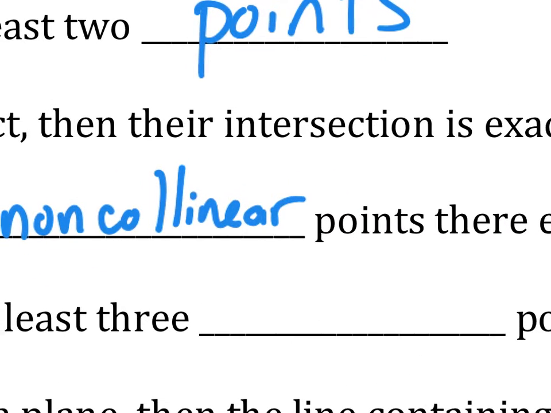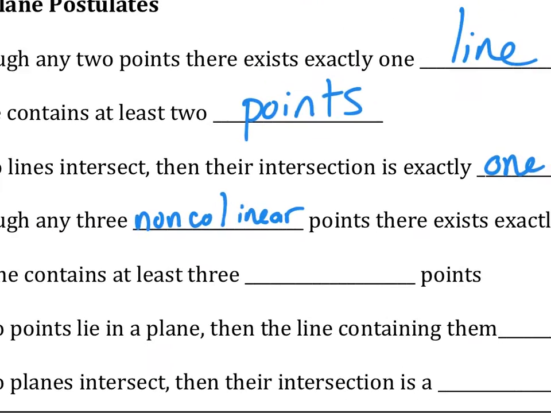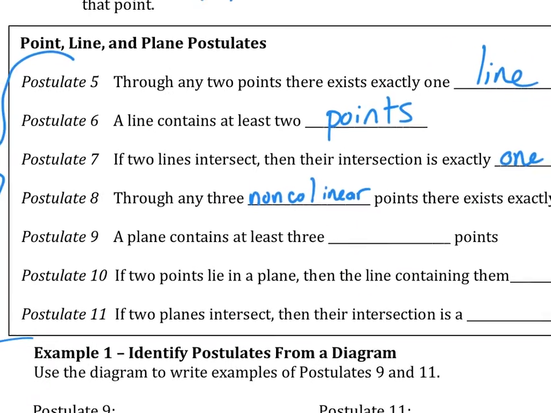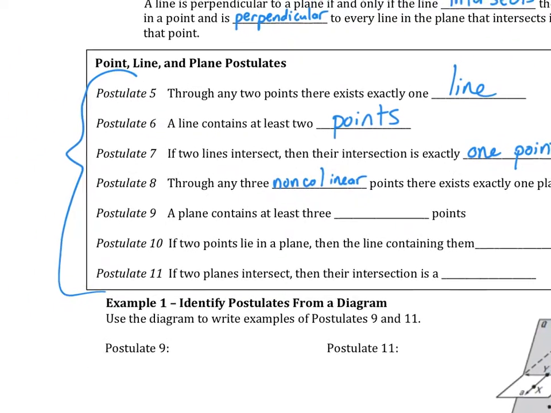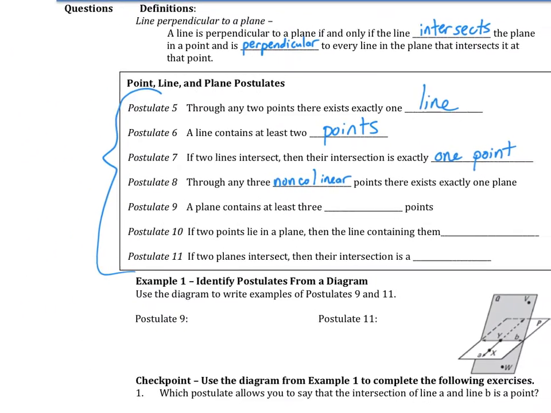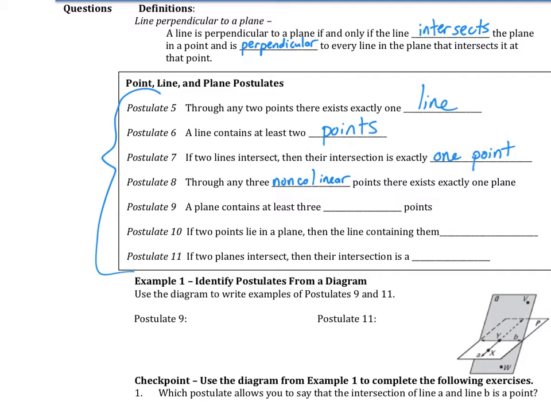Actually, I might zoom in. I think I gotta get rid of this one. There. That's better. So there's 3 points that are non-collinear, so 3 points that don't lie in the same line, then there's exactly one plane.